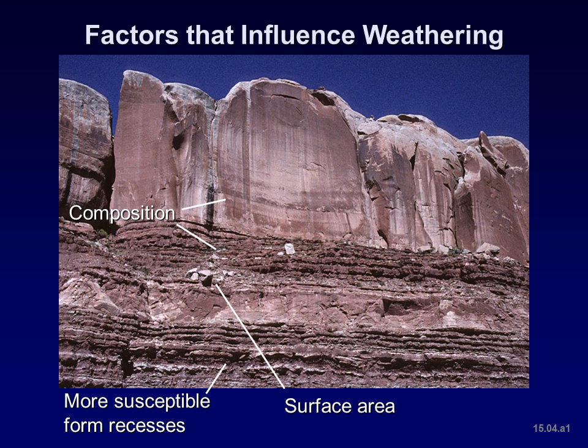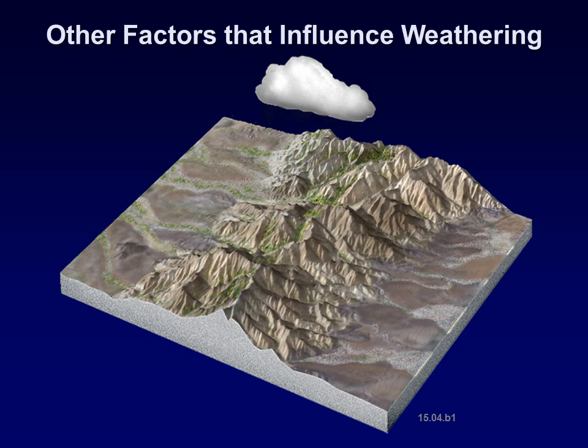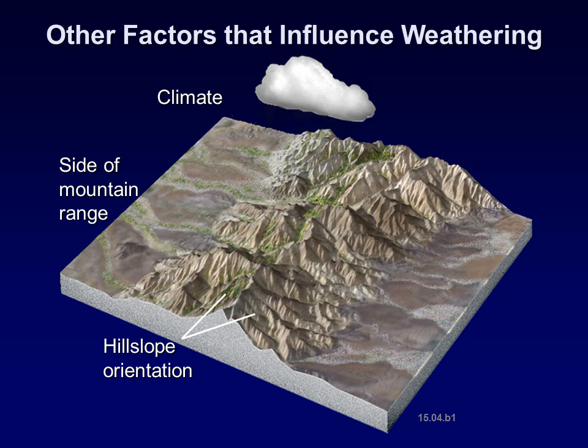Okay, the surface area involved is important. Remember, the more fractures or joints there are, the higher the surface area exposed for weathering. Discontinuities, other factors that influence weathering. We've got climate, the side of the mountain range, hill slope orientation, steepness of slope, and time.